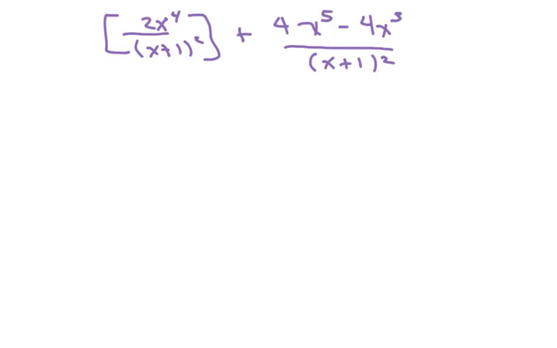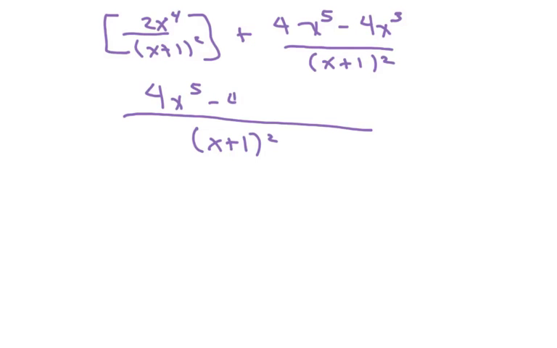All right, so now let's just clean this up. And you're going to have x plus 1 squared, and then add all this up so you can get 4x to the 5th minus 4x cubed plus 2x to the 4th. And if you want, you can simplify this by pulling out a 2x cubed.